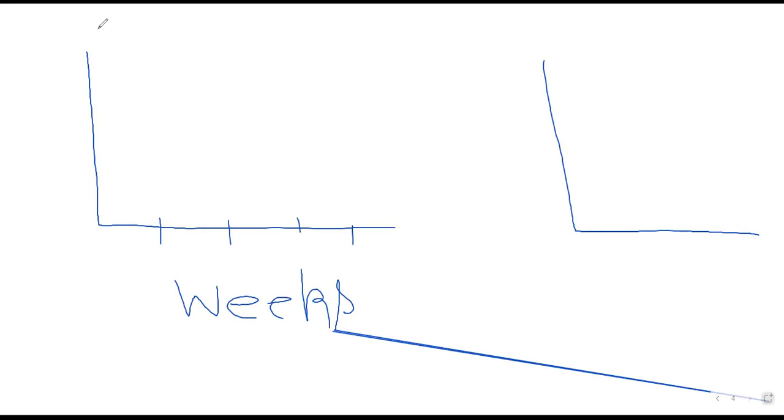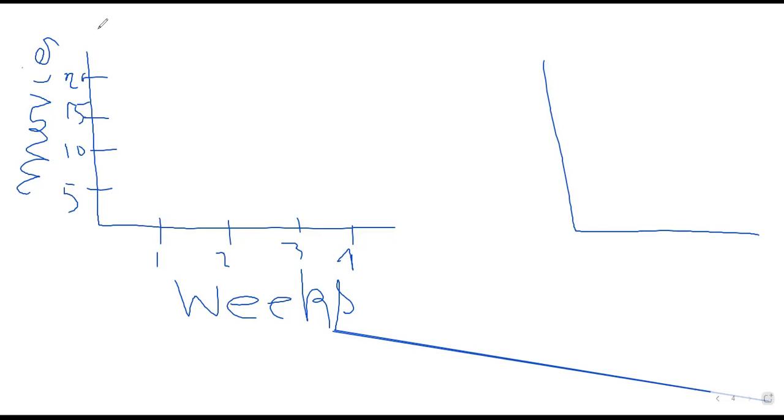And there are movies watched. These are 5, 10, 15, 20. So weeks are 1, 2, 3, 4, and 5, 10, 15 movies and 20.